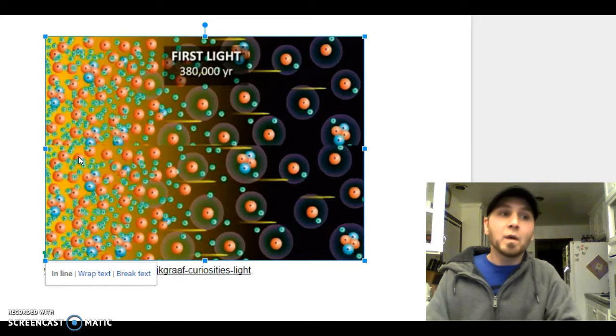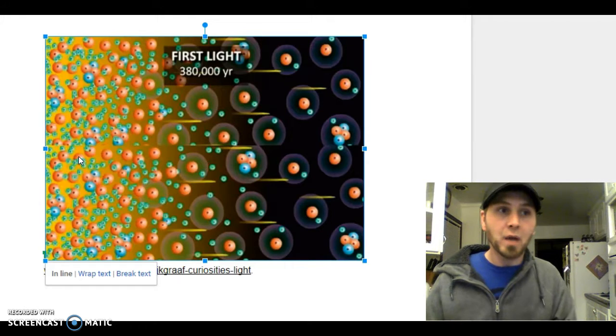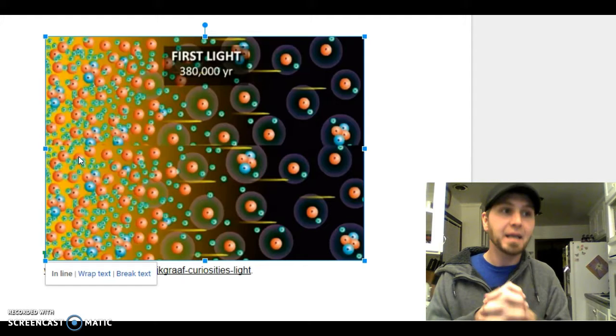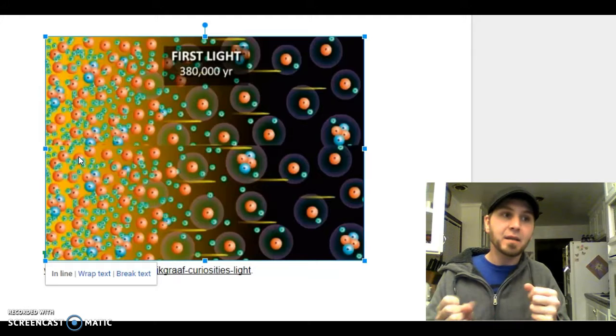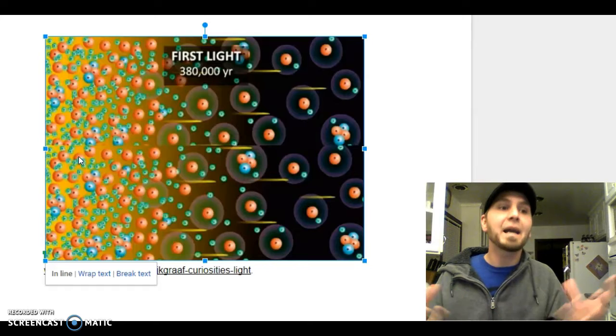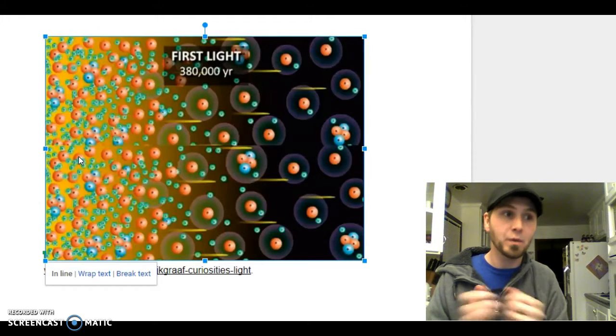Now, what happened was, as the universe expanded, this particle soup began to cool off, and as it cooled, it began to allow these particles to combine and form atoms, which then allowed for the formation of hydrogen. And this basically means that all of those photons no longer had anything in their way, and they were free to shoot out through the distance of the known universe.